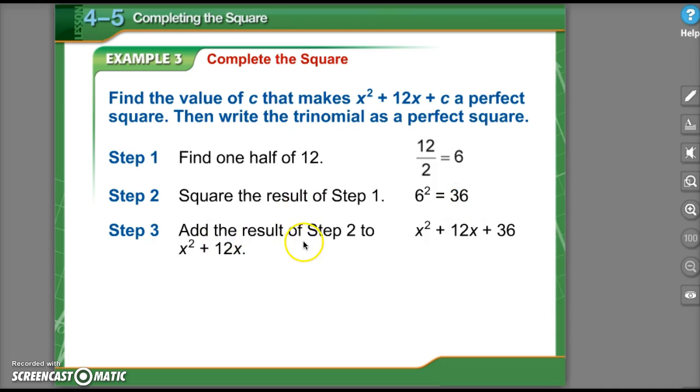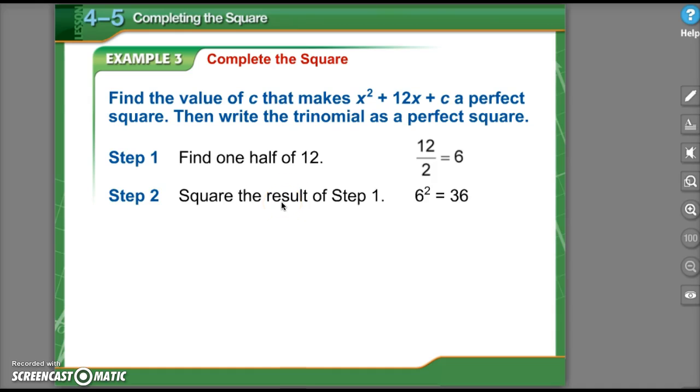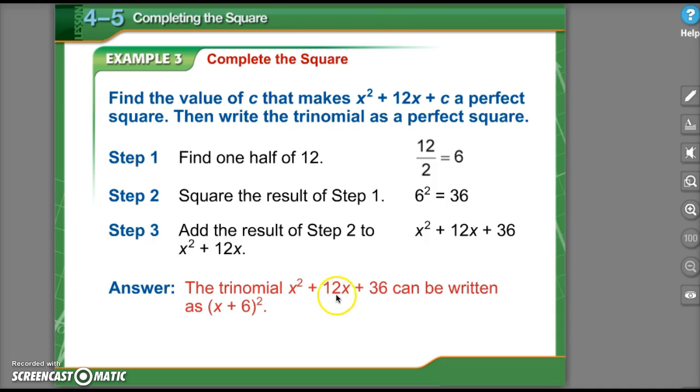So we're going to add that to x squared plus 12x over here, adding it onto the end. So that means our c value is 36 for this problem. And when we factor that, remember it's x plus b over 2 quantity squared, and b over 2 is 6, so it factors as x plus 6 quantity squared.